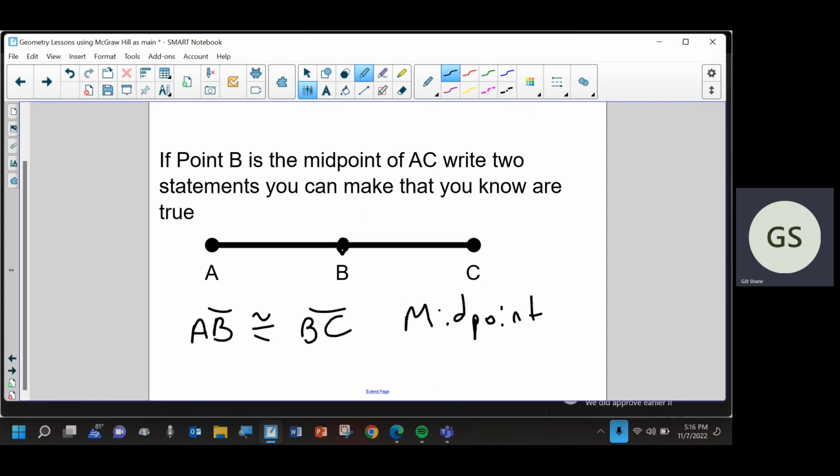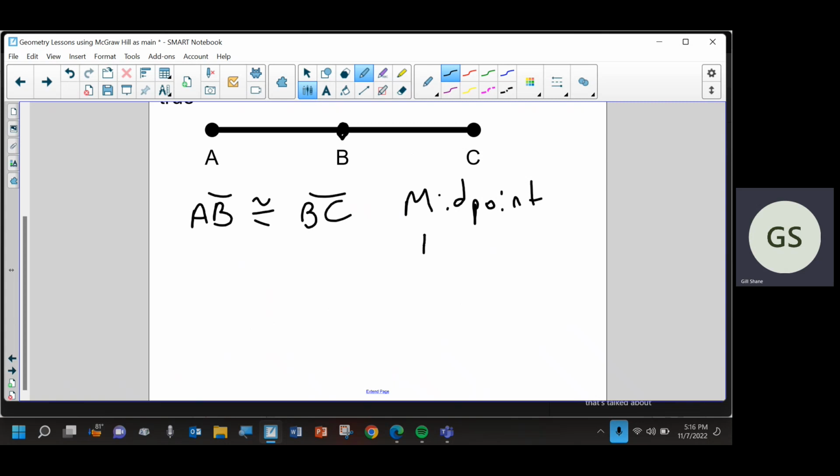If you're not understanding what I'm saying, the very first lesson we did on writing proofs, there was a proof that talked about what's called the midpoint theorem. And it states that the two segments are equal, but really it states that they're congruent, which is what that symbol is right here in the middle. That's a congruent symbol. I didn't do a great job of drawing it, but you'll see it in the bookwork that we do in a minute.